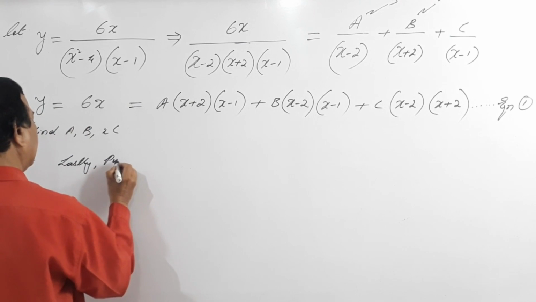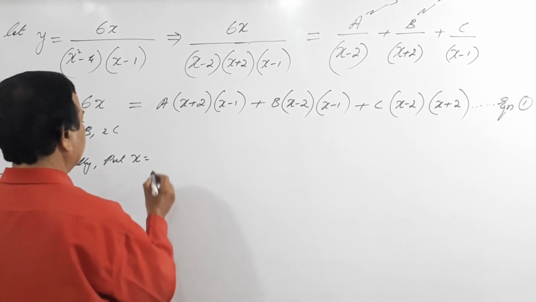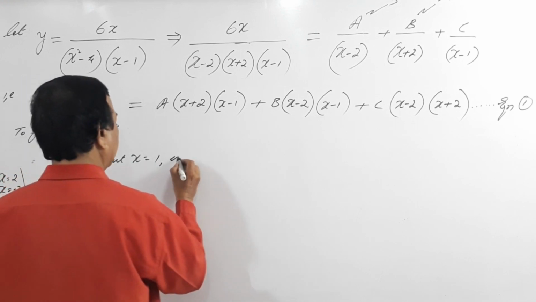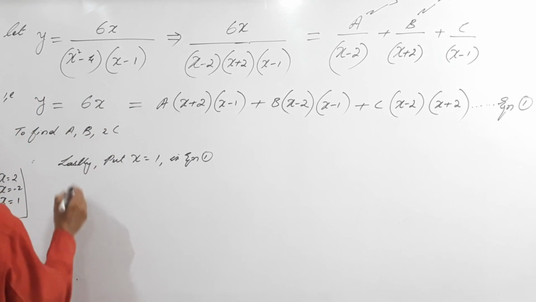Lastly, put x equals 1, because the value of x is 1, in equation 1. So what happens to this?